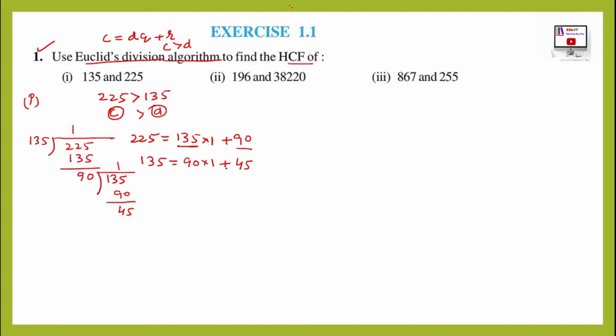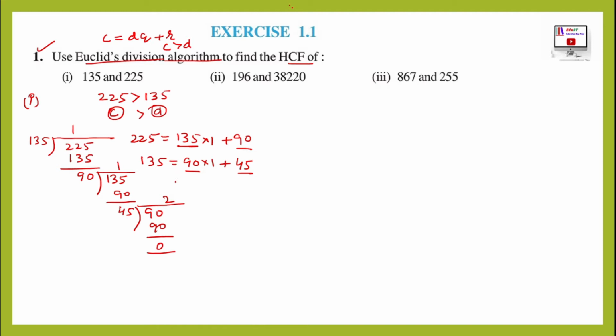Now because the remainder is not equal to 0, new numbers are this 90 and 45. तो अब डिवाइड करना पड़ेगा 90 को 45 से, तो ये एग्जैक्ट डिविजिबल होगा 2 times. So remainder is 0. So at this stage the divisor will be the HCF.